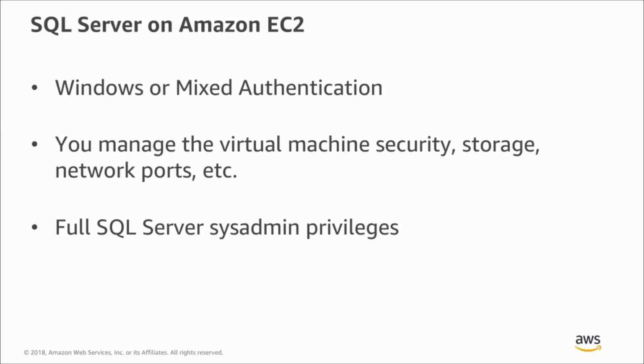There's a very common option that we see a lot of folks use, especially if they're coming from on-premise: you can just run SQL Server on EC2 like you would in your data centers. This gives you full control, full sysadmin privileges on the SQL Server. You manage the virtual machine security, the storage, and the network ports. It supports both modes of authentication.